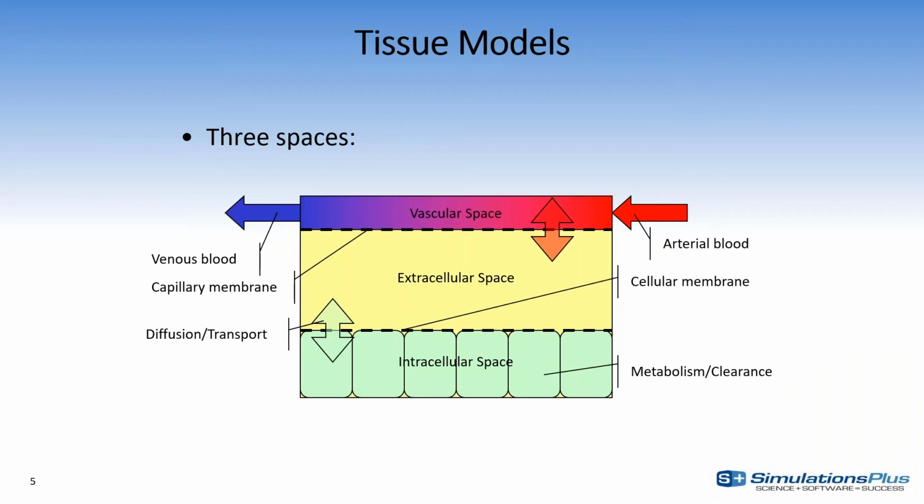The intracellular space is where metabolism can happen. Sitting on top of the cellular membrane, you can set up transporters on either the basolateral side or the apical side of the membrane.